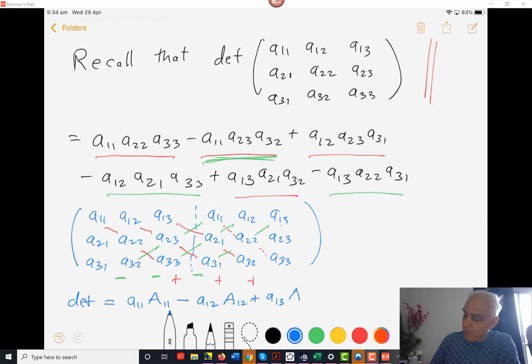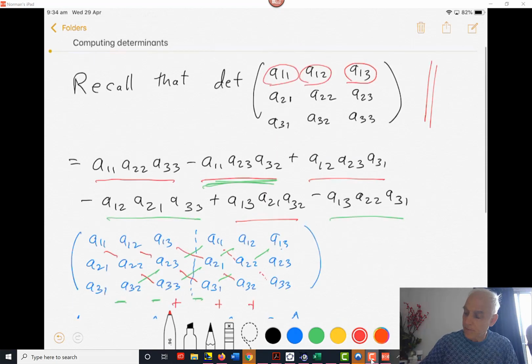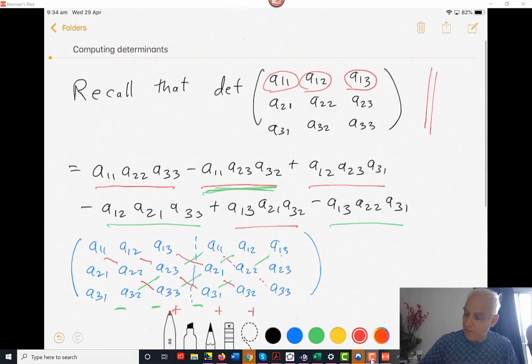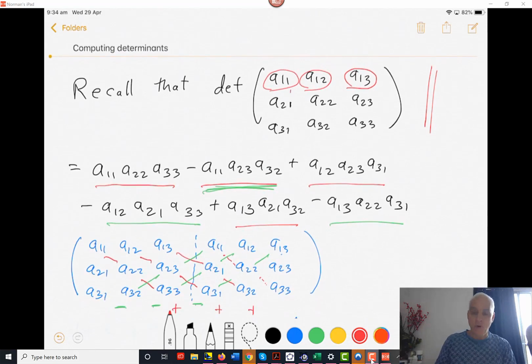So we're going across the first row here and multiplying each one of these entries along that first row by a corresponding minor, another 2x2 determinant obtained by removing the row and column, with alternating plus, minus, and plus for the coefficients.